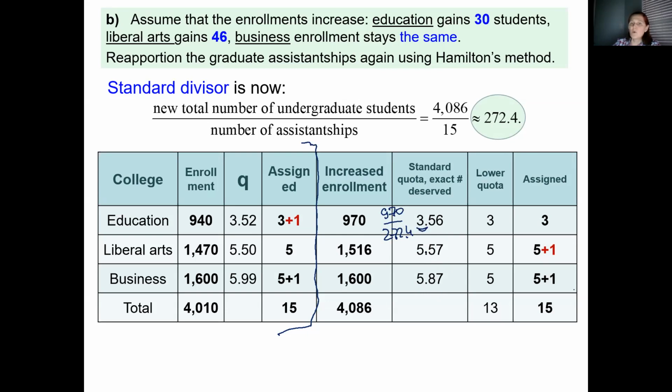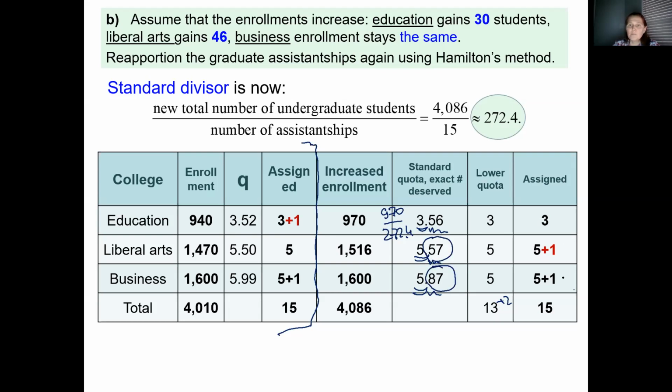Then we assign the whole part, which is the same as the lower quota. And then we look at the decimal parts. First we must decide how many extras we have. 3 plus 5 plus 5 is 13, so we have 2 extras. And now the two greatest decimal parts are 57 and 87.